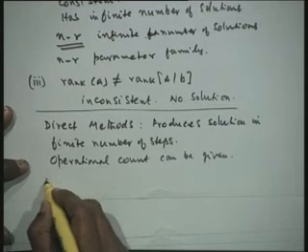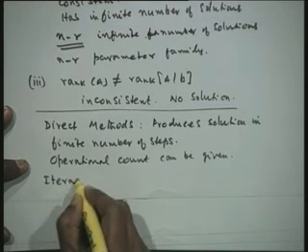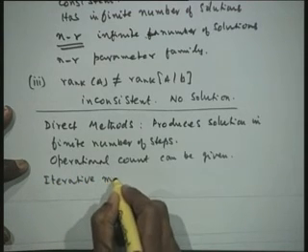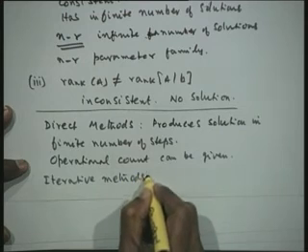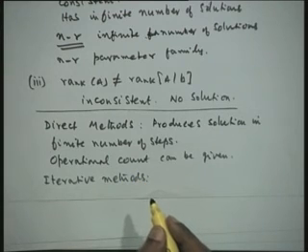The other methods are the iterative methods. In the iterative methods we start with an initial approximation to the solution of the problem, then refine it further and further using the numerical method, so that we finally have the solution which converges.